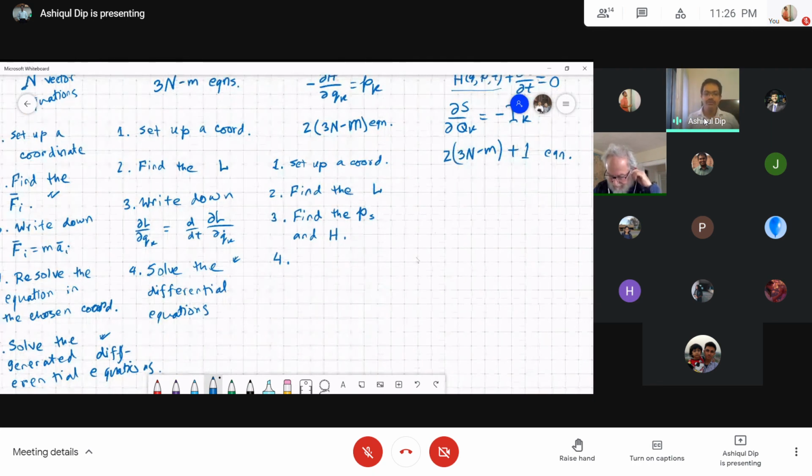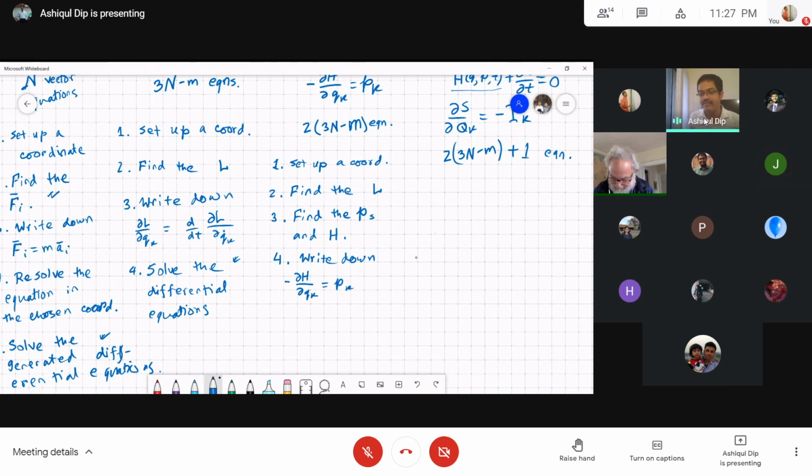And then what do you do after finding the Hamiltonian? Write down Hamilton's equations.